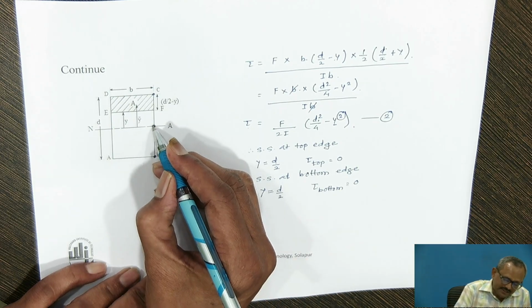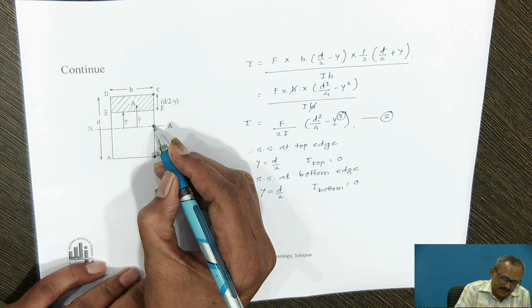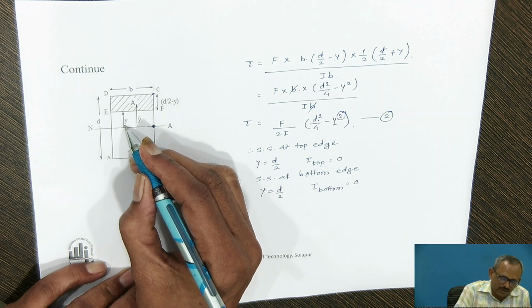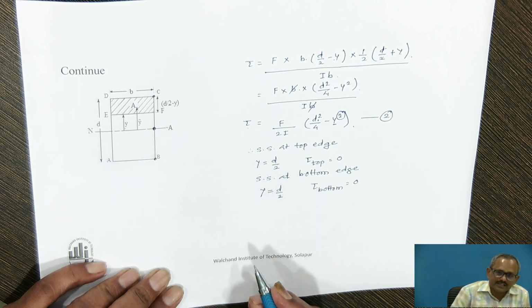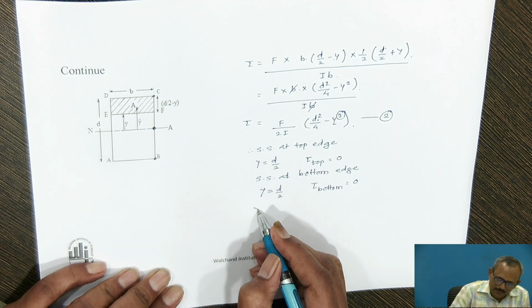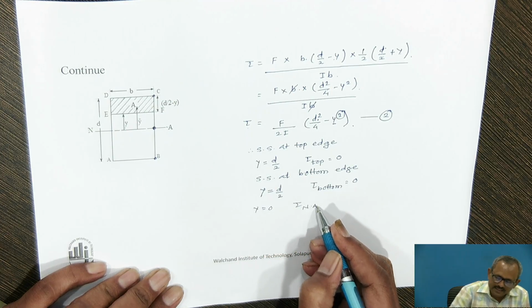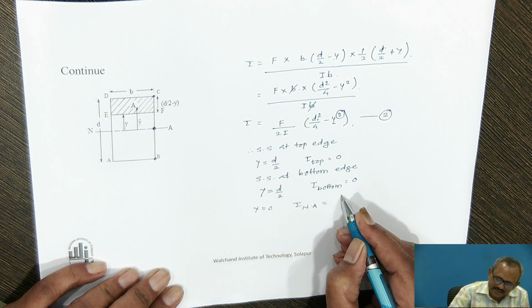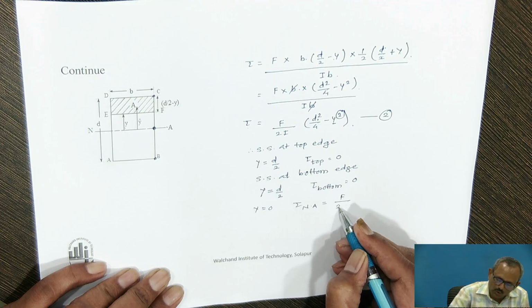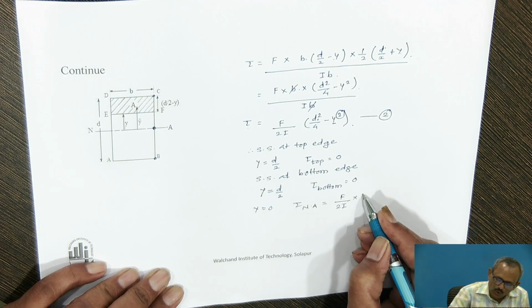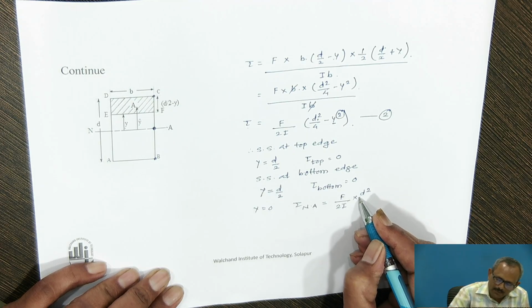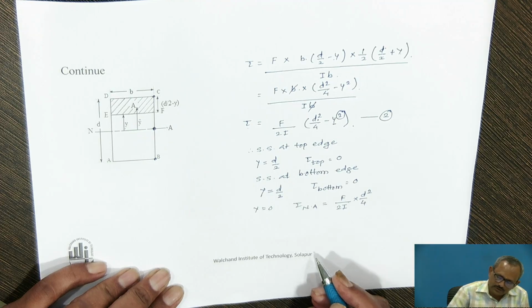Now, shear stress at the neutral axis. When y equals 0, I will get the shear stress at the neutral axis, and that is equal to F upon 2I into d square upon 4.